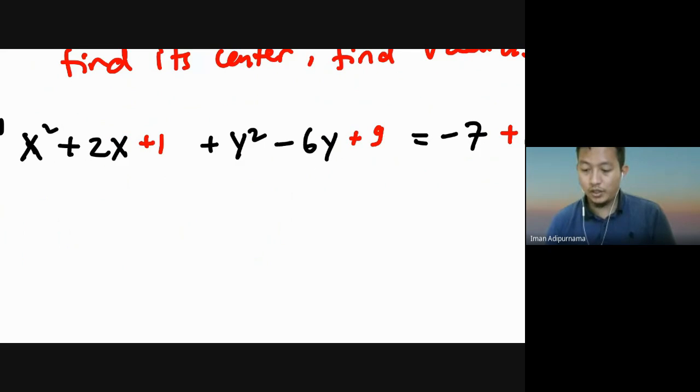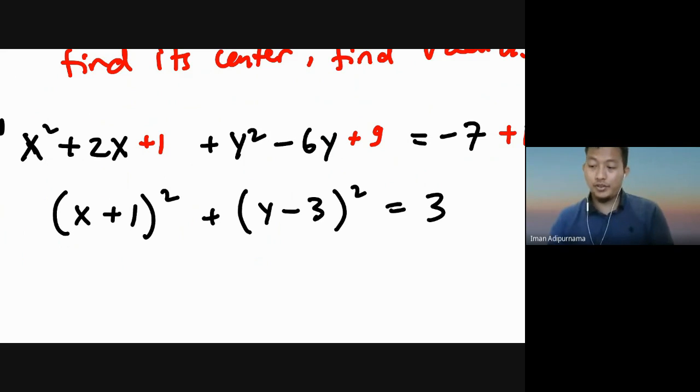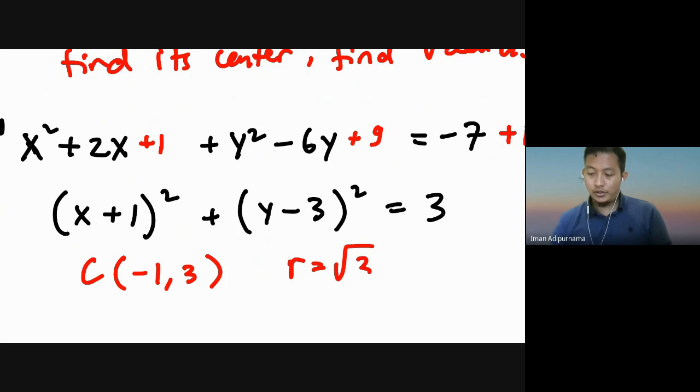Then this becomes x plus 1 squared, and the y one will be y minus 3 squared, and it's equal to 3. You see here, this is an equation of a circle with center -1, 3, and radius is the square root of 3. The radius, of course, should be positive.